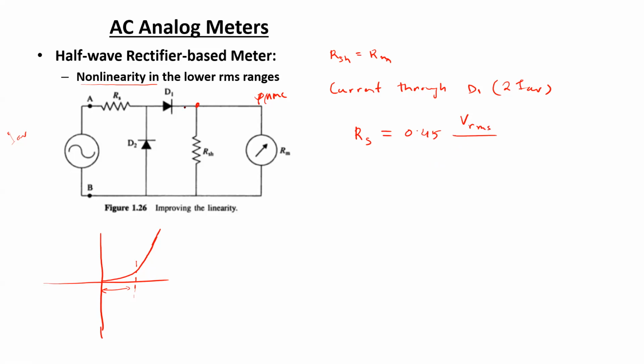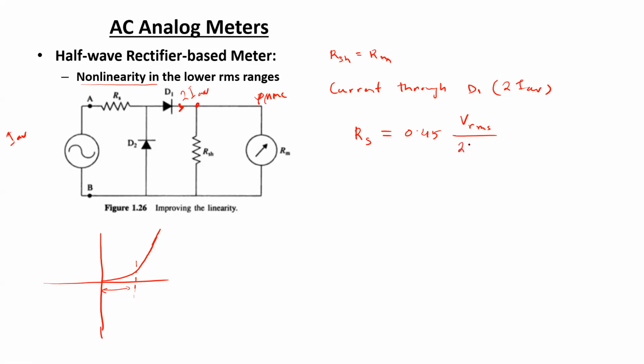Now the current that is flowing through this diode is changing. If this shunt resistance wasn't there, this average amount of current IAV would have been flowing through the diode. Now because of the presence of this shunt resistance RSH, the amount of current is getting doubled.